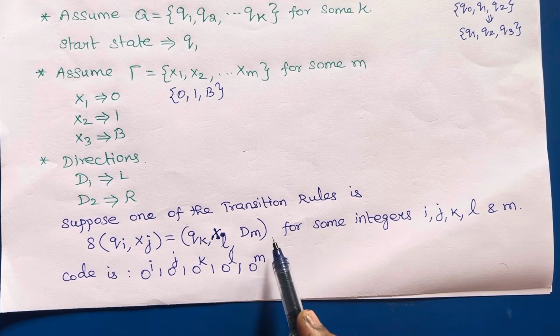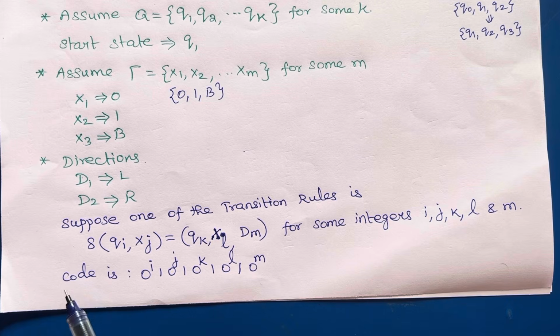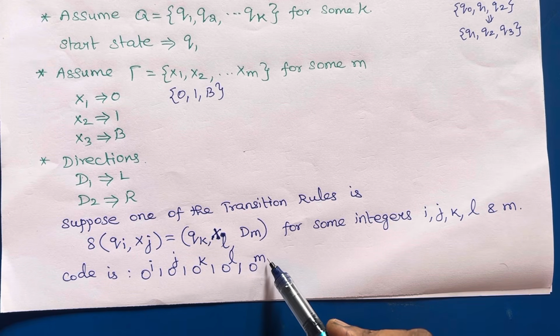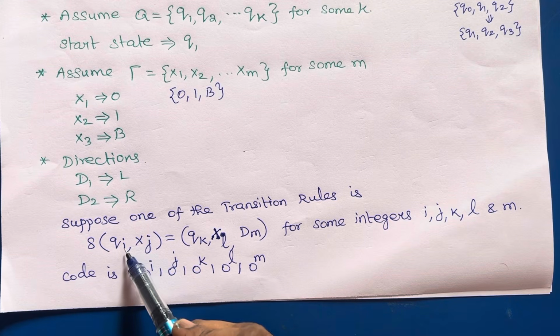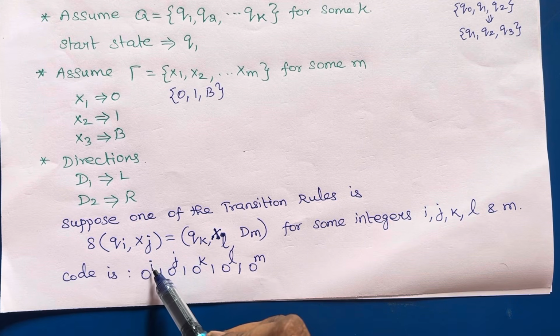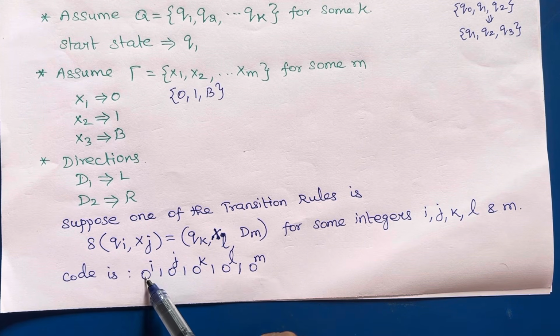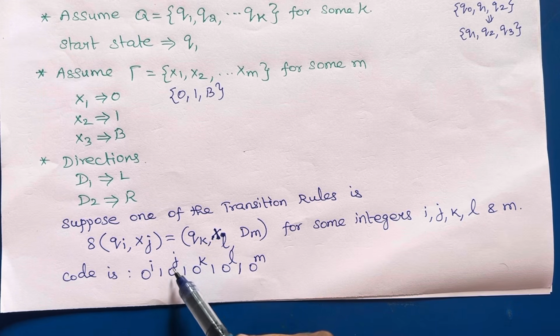Then we can write the binary code as 0 to the power i, 1, 0 to the power j, 1, 0 to the power k, 1, 0 to the power l, 1, 0 to the power m. That means 0 to the power i means one zero, two zeros, three zeros, etc., followed by a single 1, then 0 to the power j number of zeros followed by 1, etc. We have to write like this.